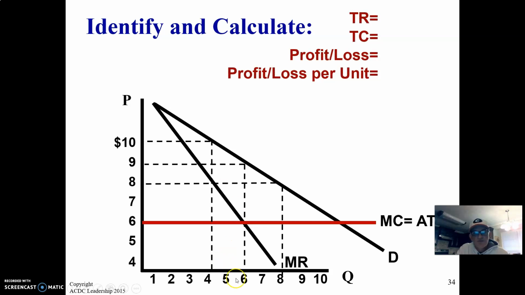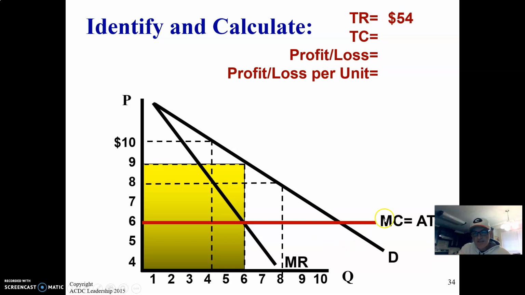Let's roll through it. We're going to produce where MR equals MC, so we're going to produce 6 units. We're going to charge up to the demand curve, which is $9. Right, so our total revenue in this situation is $54. Our total cost, marginal cost equals ATC, so that must be our ATC curve. That's kind of weird looking, which we know AP will do to us, and this is why we do it this way.